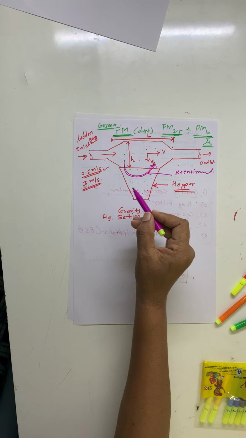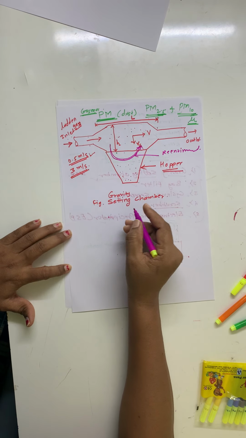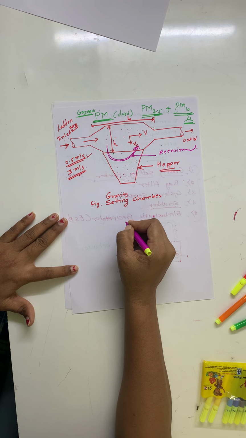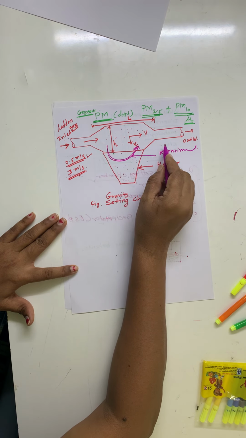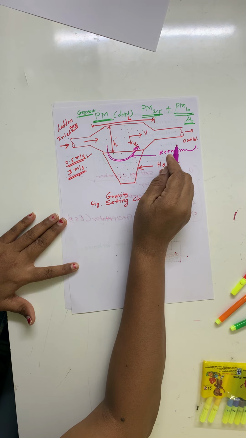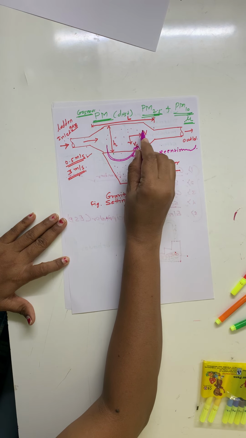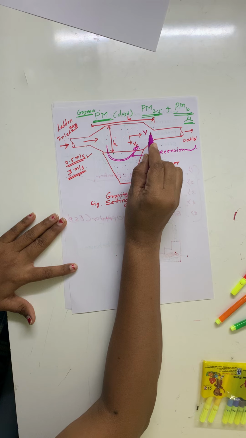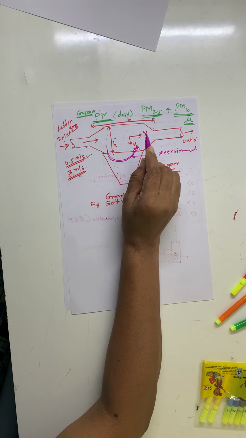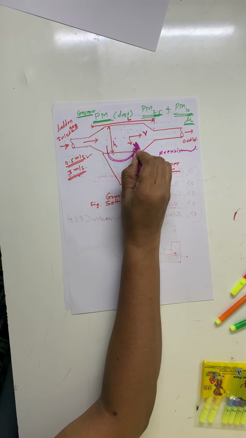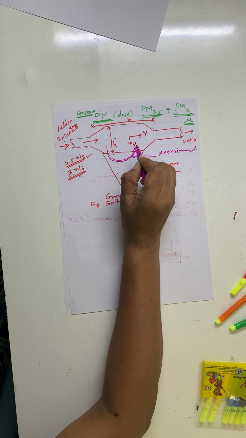A simplified analysis of the gravity settling chamber assumes that the solids move along the chamber with the velocity of the gas v, as I have shown here. Then the particle also settles with the Stokes velocity, that is Vs.